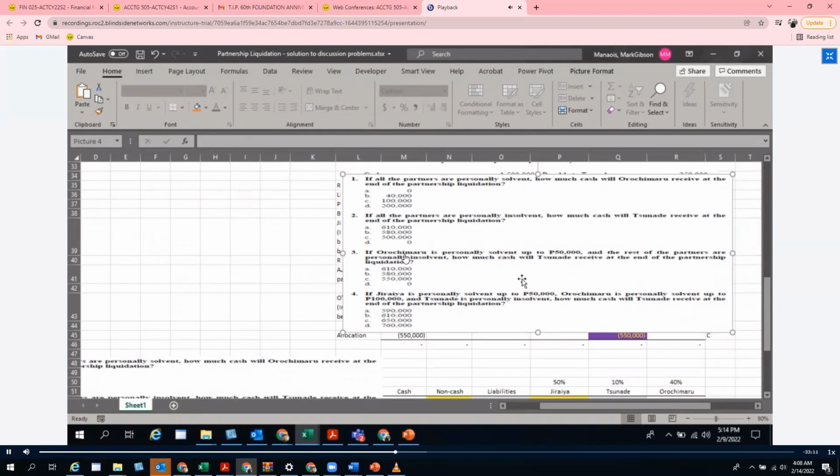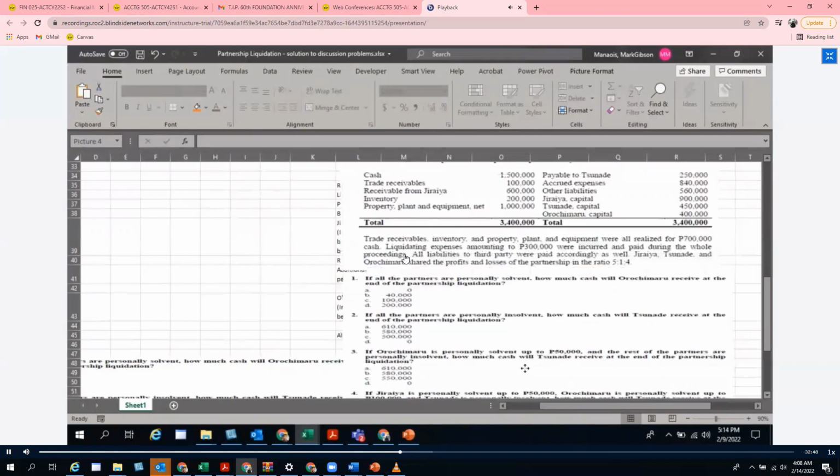Para lang for the sake of illustration, sinasabi niya ngayon, o sige, may pera si Orochimaru, pero hanggang 50,000 lang. And the rest of the partners ay insolvent. So, sinasabi dito, paano ngayon yung magiging take up kung si Orochimaru is only solvent up to 50,000. So, let's have requirement number 3.